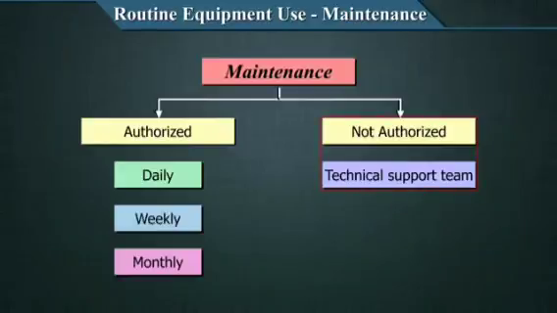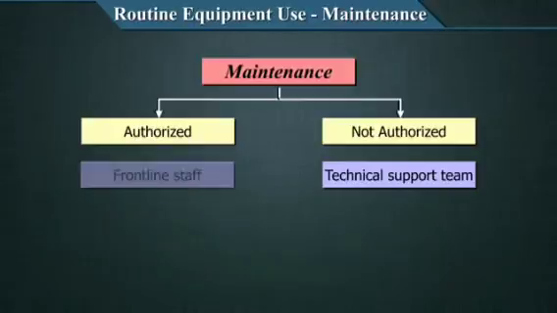This is generally maybe 3 monthly, some equipment may have 6 monthly. So you have to look at the manufacturer's instructions, and while you are making your MQ, both these are important. Authorized maintenance steps by your frontline staff and unauthorized maintenance steps by your technical support team in a scheduled manner. So that is your MQ.